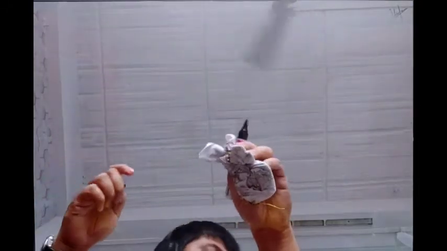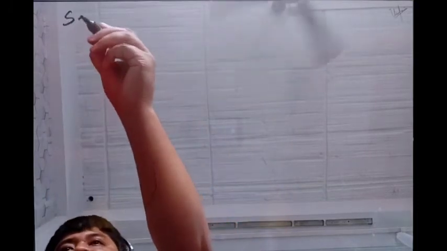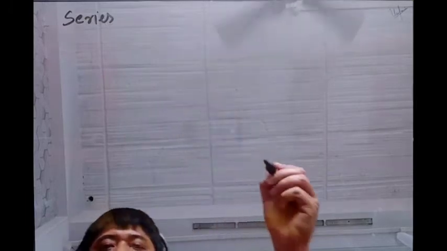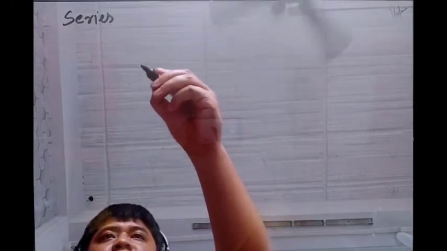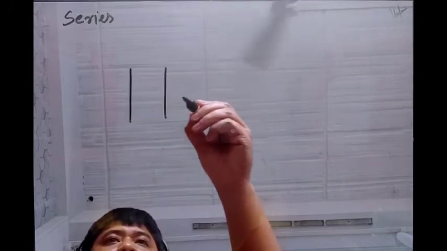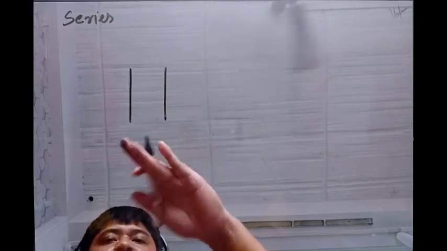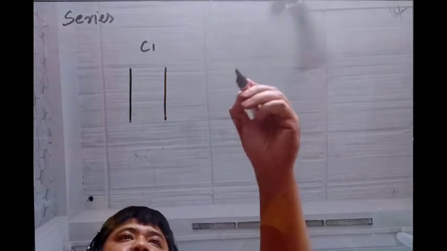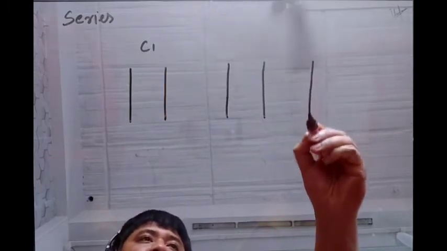There are two kinds of grouping, series and parallel. First, let us discuss capacitors in series. Let us take three parallel plate capacitors, one having capacitance C1, C2 and C3.